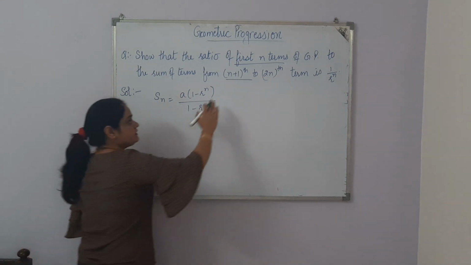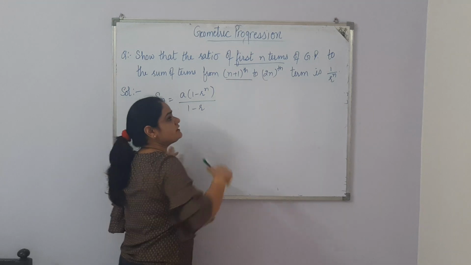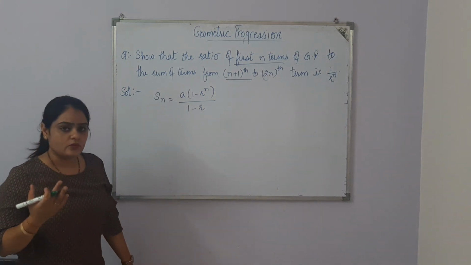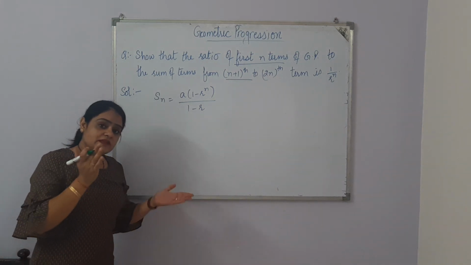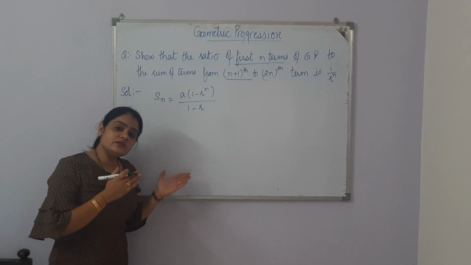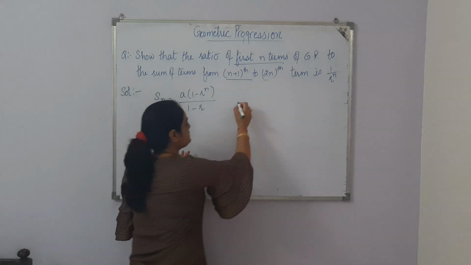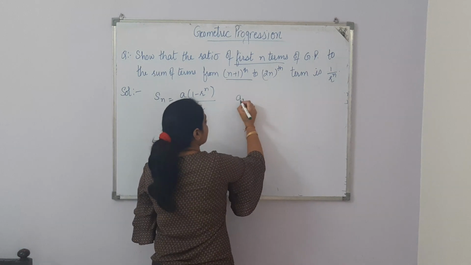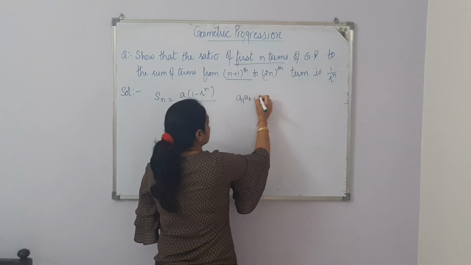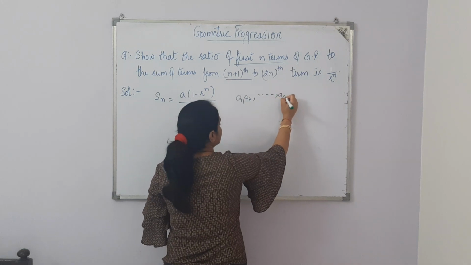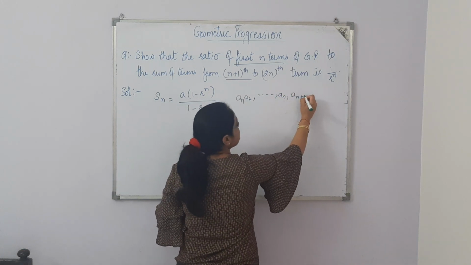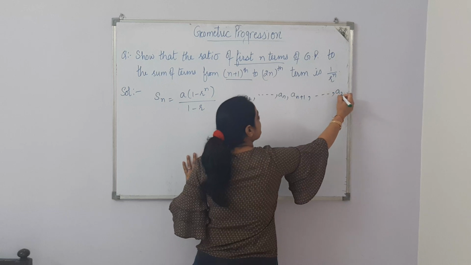Next we need the sum of the n plus 1th to 2nth term. We need the sum not from the first term, but from the n plus 1th to the 2nth term. If we have first term a1, a2, and so on up to an as the nth term, its next term is the n plus 1th term, and the last term is the 2nth term.